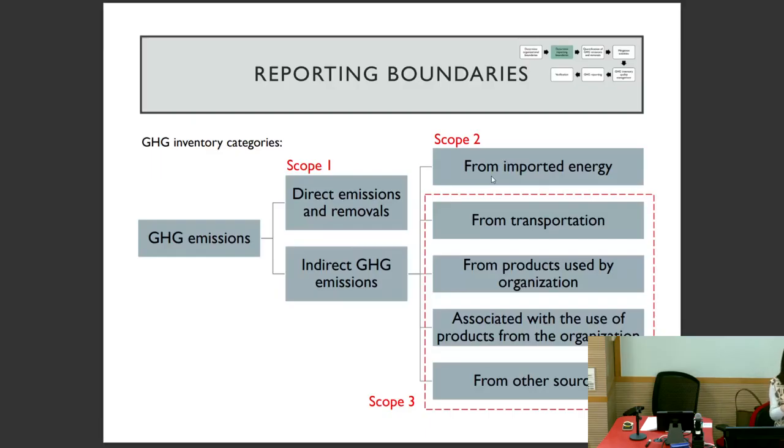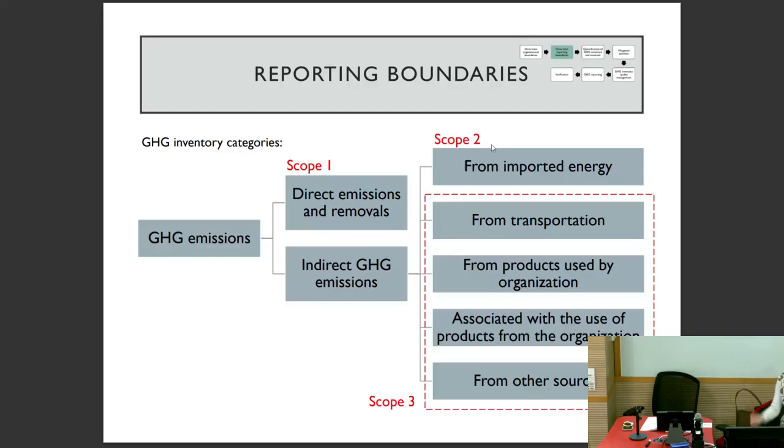But at the same time, because I am buying the town gas from the town gas company, in order to produce the town gas and transport it to my home, there would be some carbon dioxide and greenhouse gas emissions. And these sources are out of my control. Then these would be scope 2.